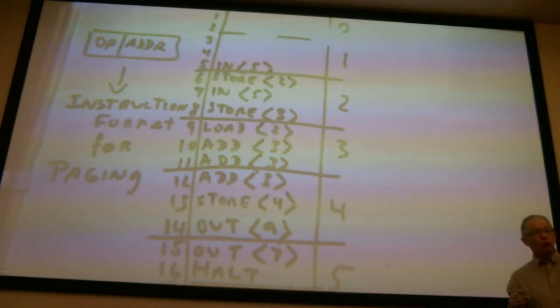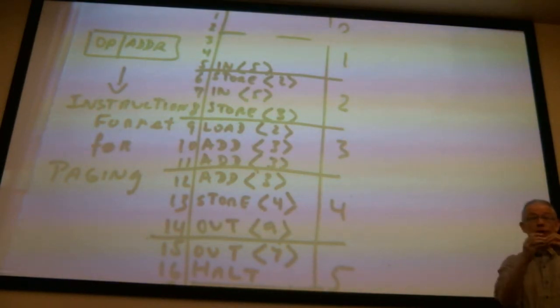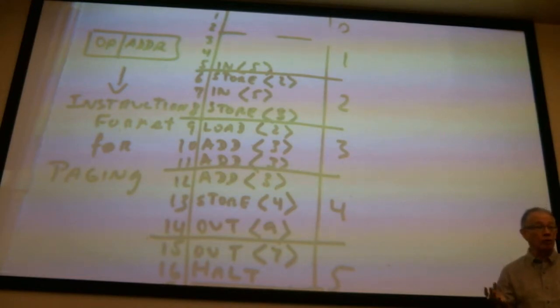First, we point to the page, we find the page, and then inside the page there is an offset. So we move inside the page and we find the instruction or data we're looking for.